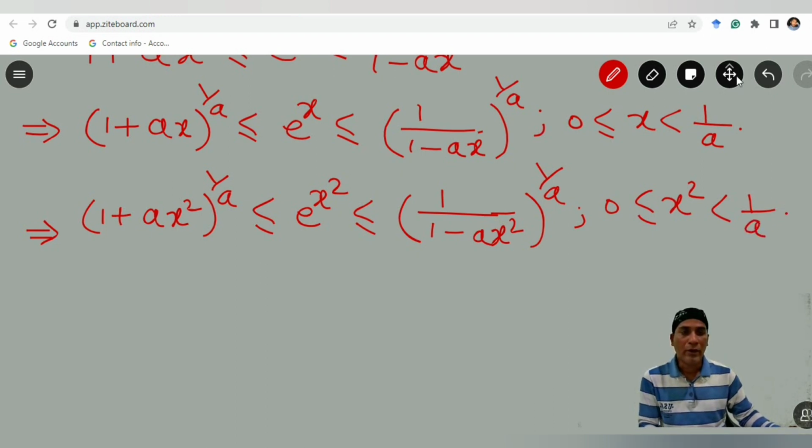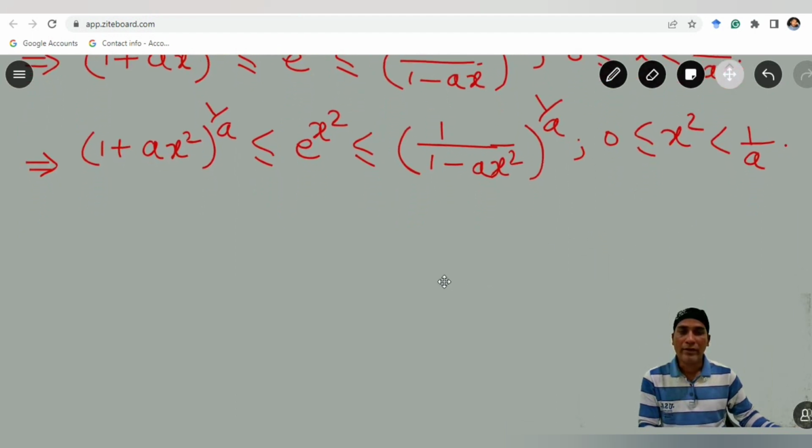Now our integrand is e power negative x square, so we want lower and upper bounds of e power negative x square. So here we are forced to take reciprocals.